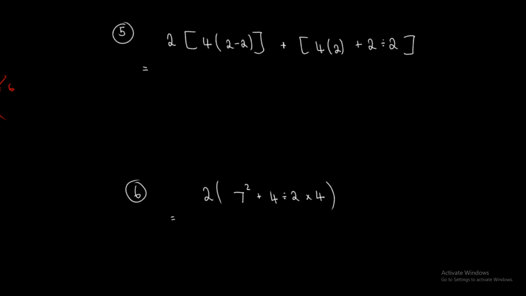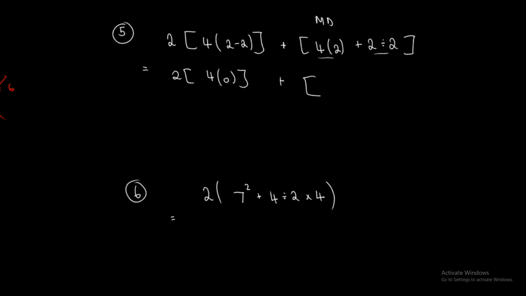So let's solve this one. First things first, we're going to solve the inside. So 2 minus 2 is 0. Plus, solve the inside. I can solve multiplication on this side and division on this side, right? Because we have M and D in PEMDAS on the same level.